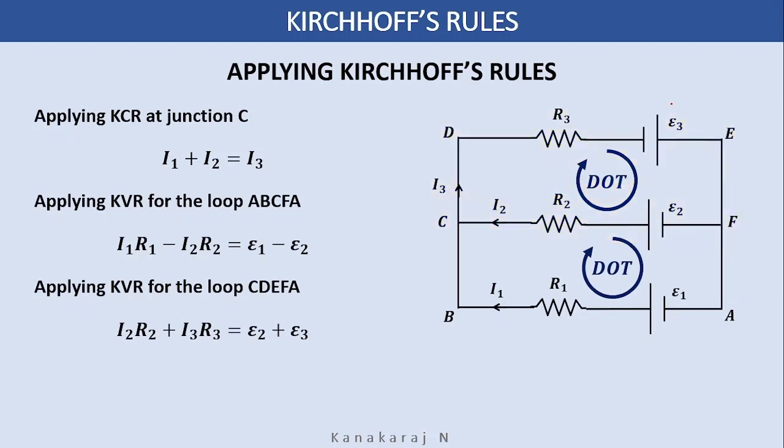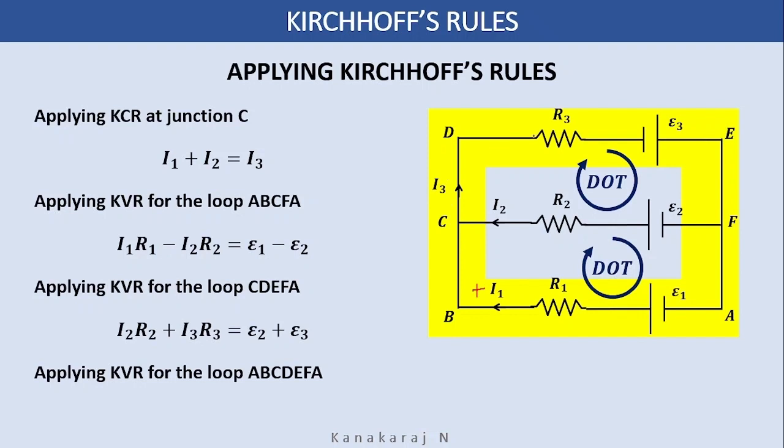Let us go for the bigger loop, A, B, C, D, E, F, A. Applying KVR for the bigger loop, is I1R1 positive or negative? Look here, I1R1 is positive because I1 is in the direction of traversal.